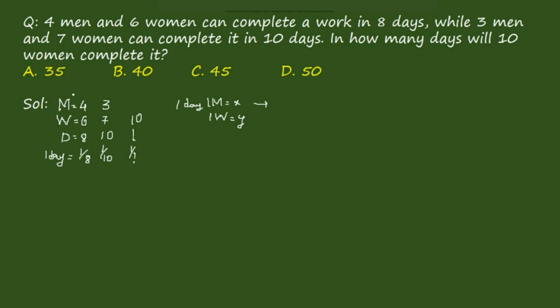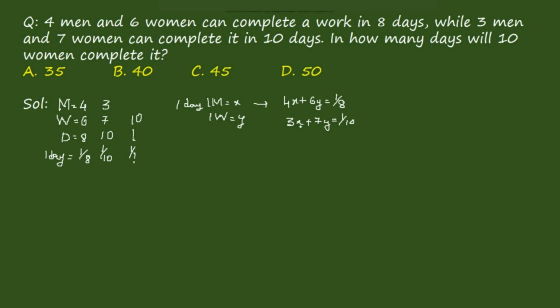We have seen that 4 men working with 6 women, 1 day work is 1 by 8. Then 4x plus 6y, 1 day work is equal to 1 by 8, and 3x plus 7y is equal to 1 by 10.